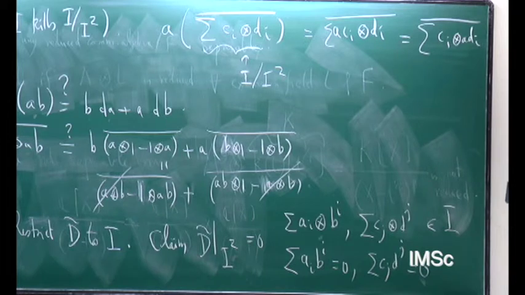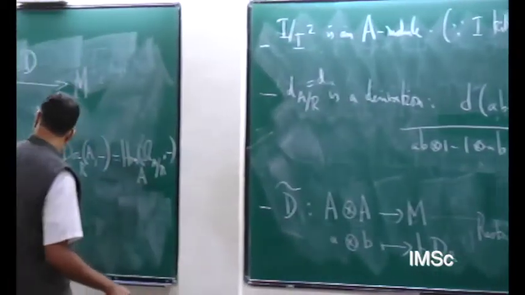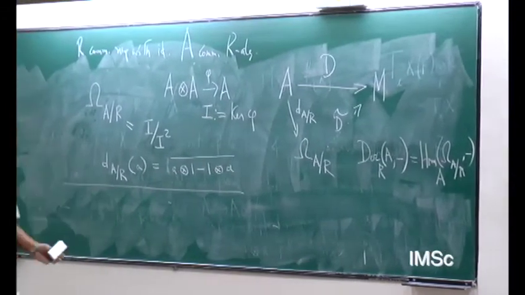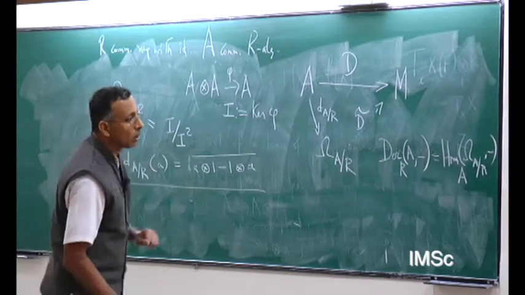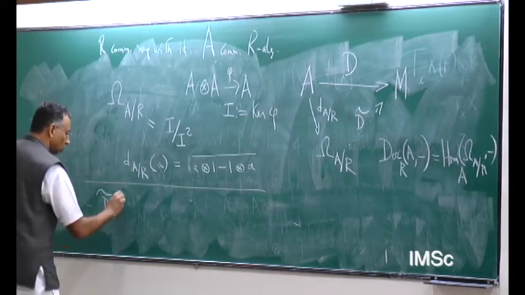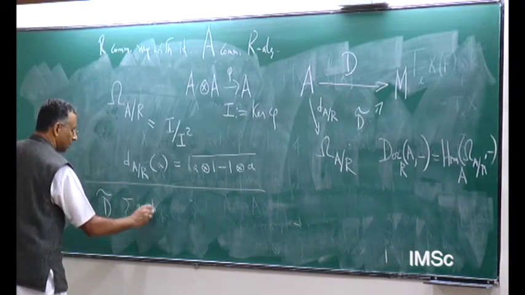So I'm going to erase this one here. Okay, now let's apply d tilde to this product Ai tensor Bi.